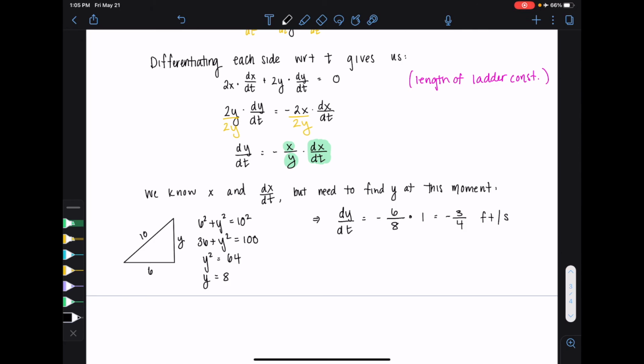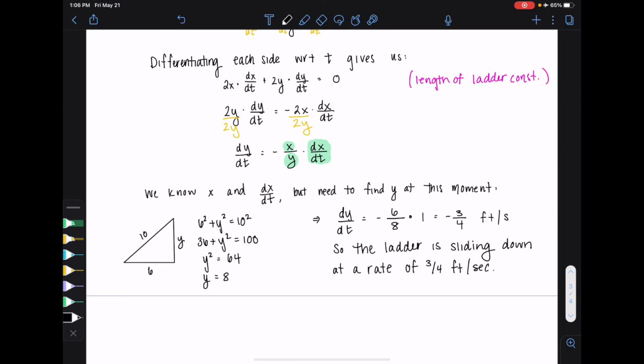So ultimately, the ladder is sliding down at a rate of 3/4 feet per second.